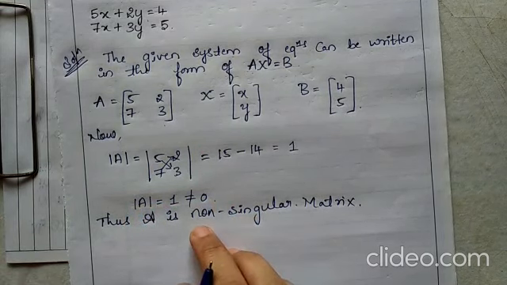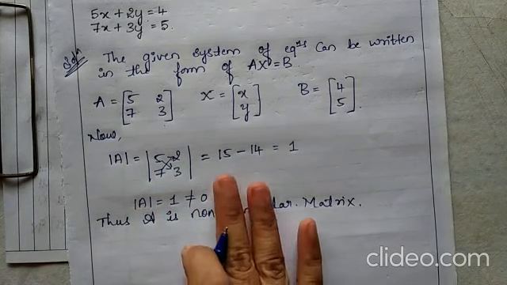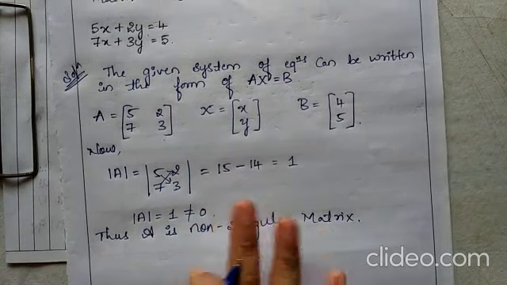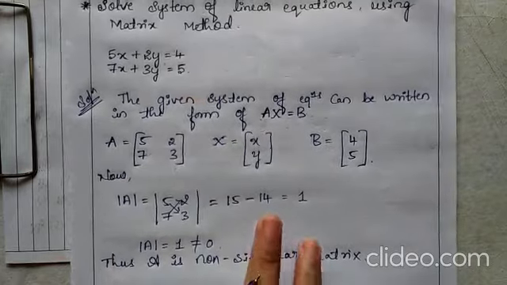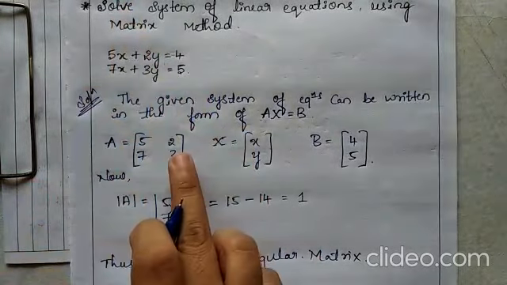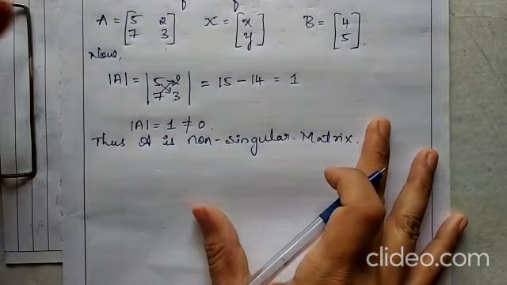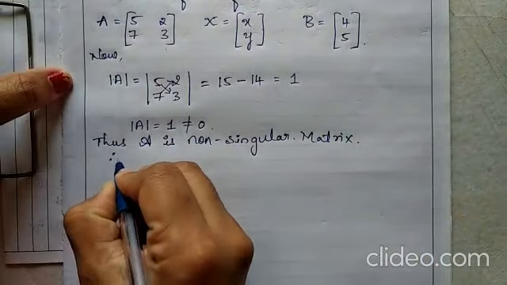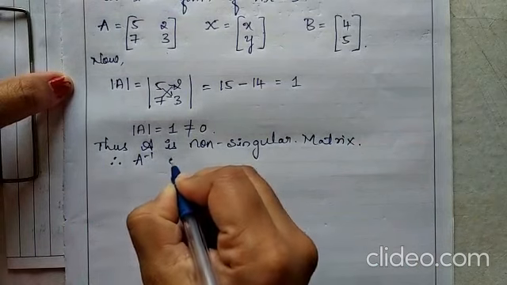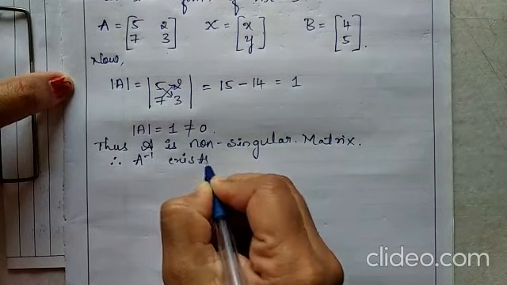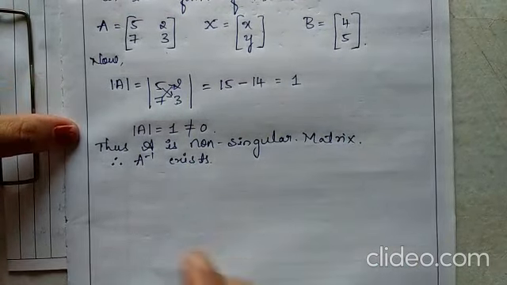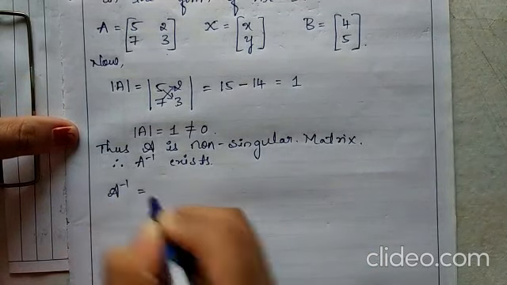Then A inverse exists. So it is said to be consistent. For consistency it is sufficient. But here what they have asked is to find the values of x and y, these two. So A is a non-singular matrix. Therefore A inverse exists. So we need to find the value of A inverse.